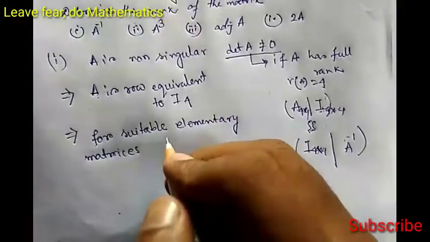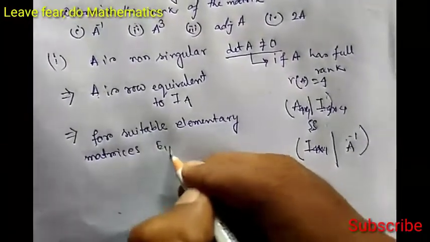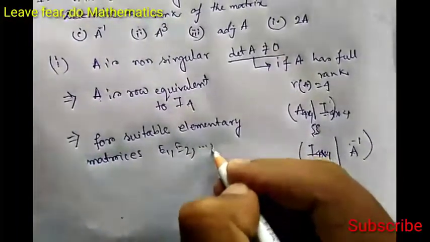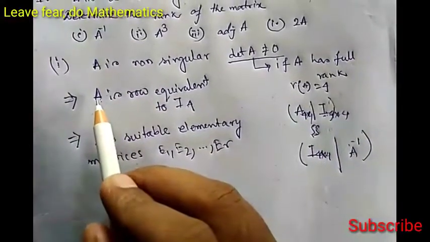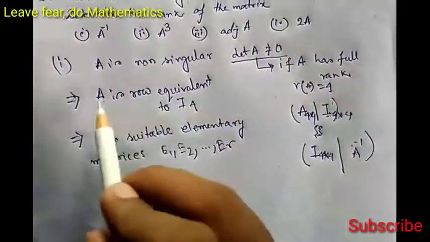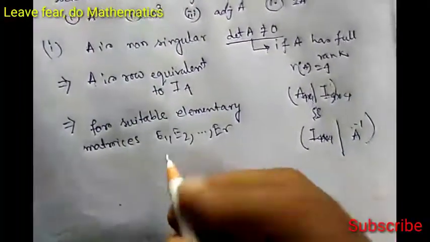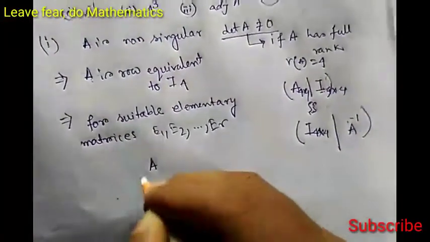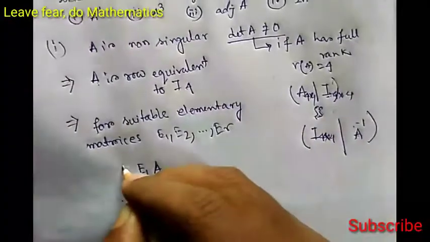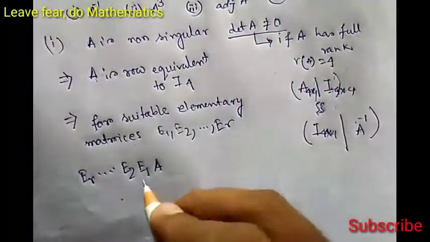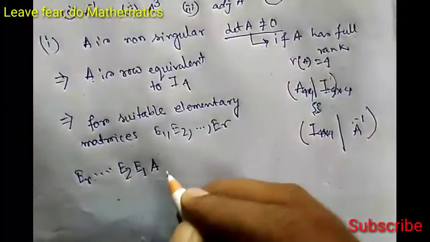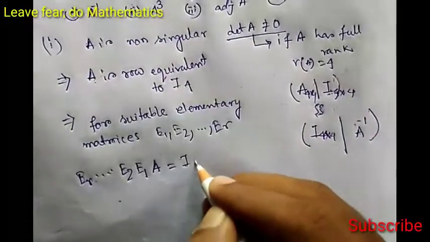So for suitable elementary matrices E1, E2, up to Er, we suppose that after r elementary row operations we get I4 from A. So we have Er up to E2 E1 A equals I4.